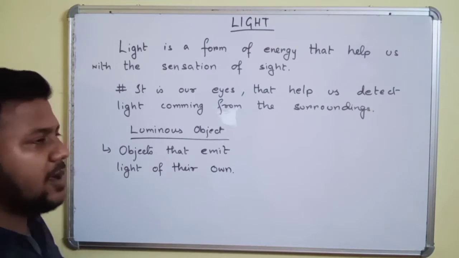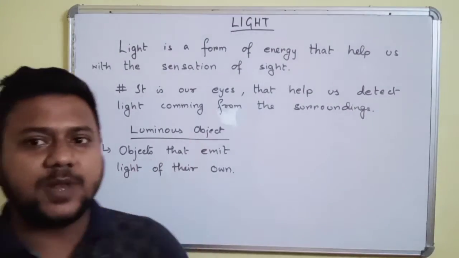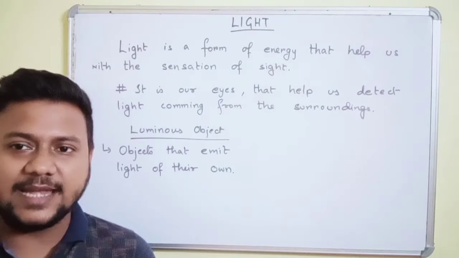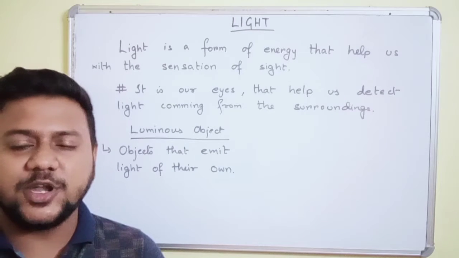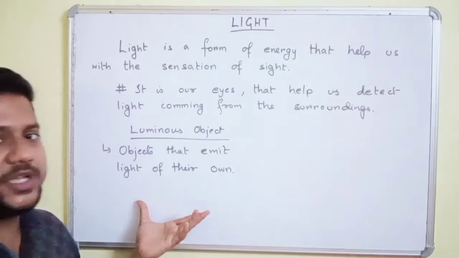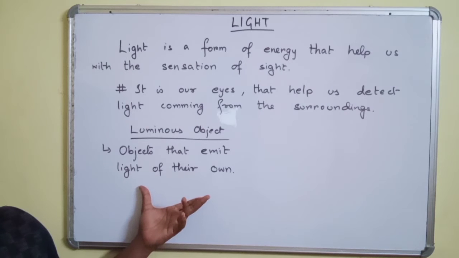If you talk about objects like the sun, the tube light that is present in your home, the bulb, the candle, or anything that is producing light of its own, they are called luminous objects. The objects that can produce light of their own are called luminous objects.